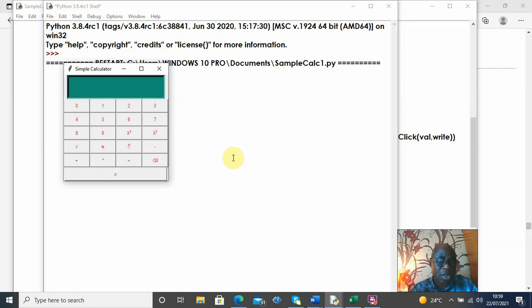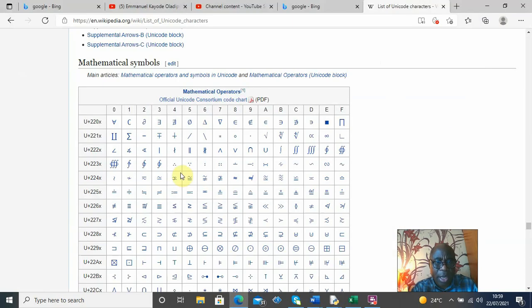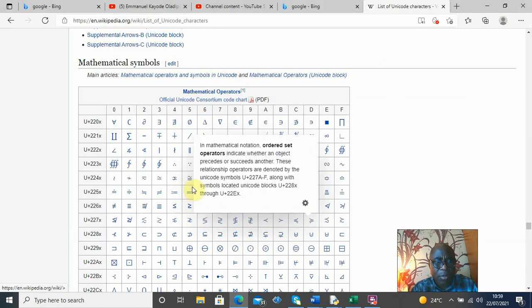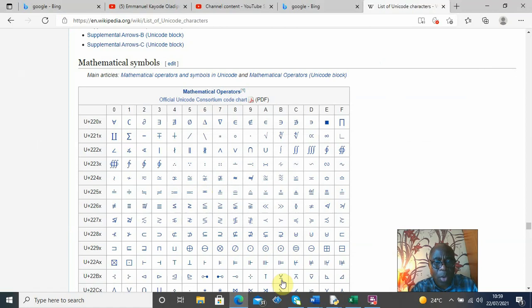For instance, you can add integral sign. You can add parentheses, brackets. Everything, whatever you see here, can be added. All those symbols can be added. All those icons can be added using Unicode. Even you can use the summation sign there as well.